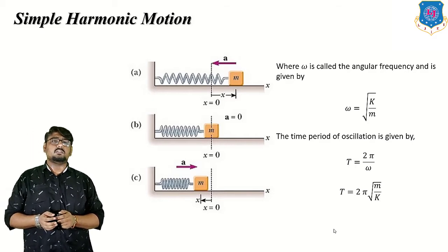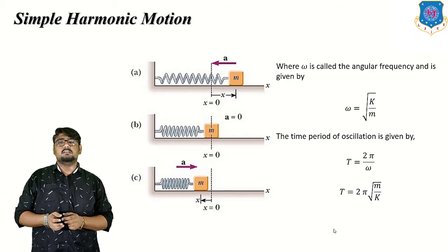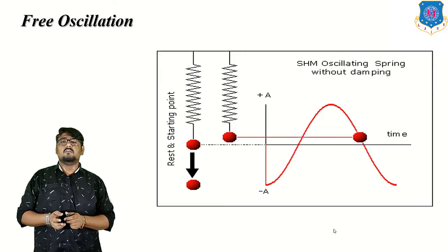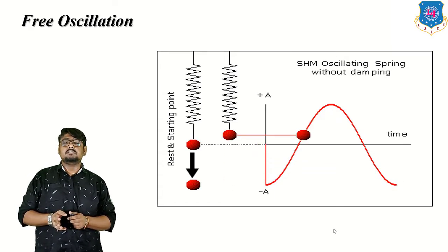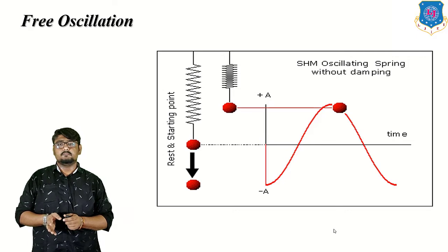Now coming to the next topic, that is free oscillations. Free oscillations are the oscillations that appear in a system as the result of a single initial deviation of the system from its state of equilibrium.